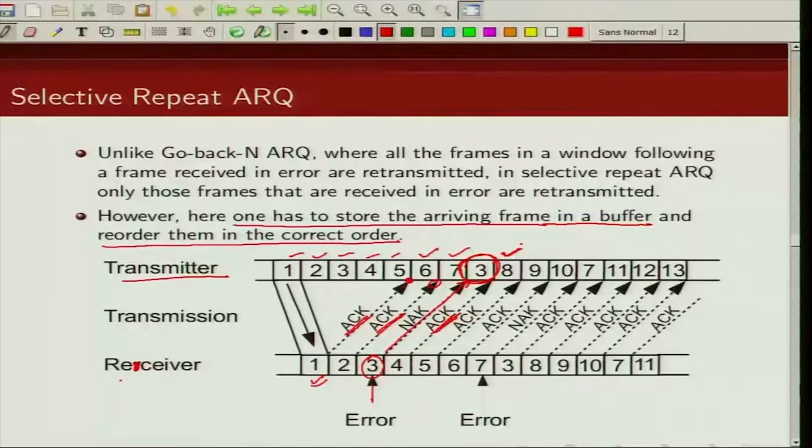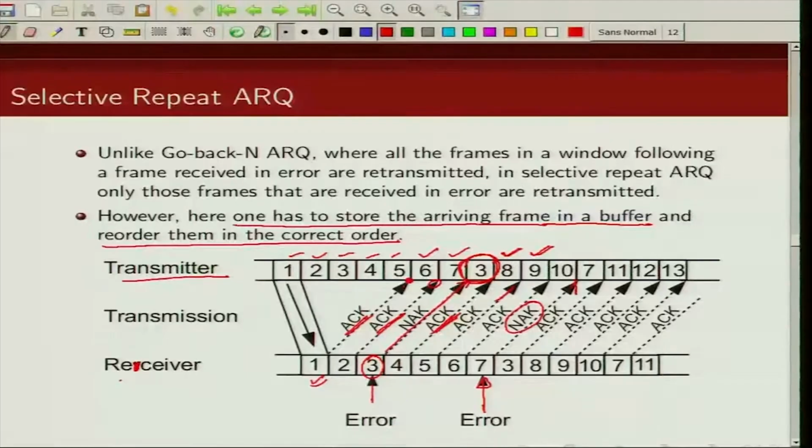So this is a difference from go back n. In go back n, we start retransmitting again from the incorrectly received packet. Now here you get an acknowledgement for packet number 5, so you send the next packet, which is packet number 10. Now here you receive acknowledgement for 6. So look at this example again. The 7th frame was not received correctly, so you send a negative acknowledgement.